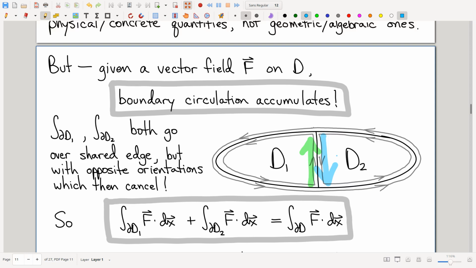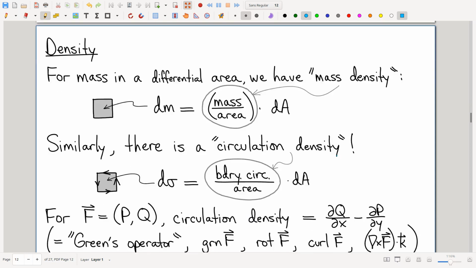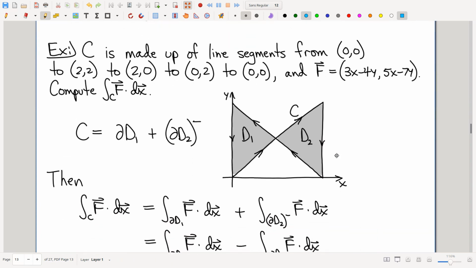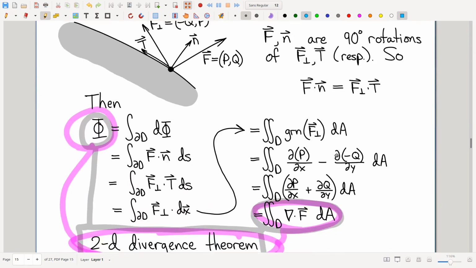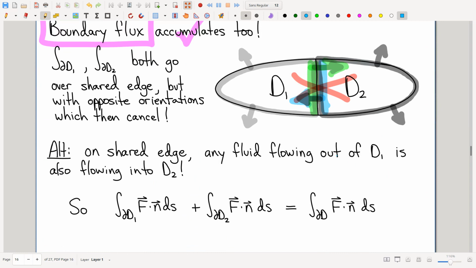So, yeah, it's geometrically different, right? But nevertheless, it's orientations that give rise to this oppositeness on shared edges, and that's what makes it all work. So, geometrically different, but morally equivalent. And I'm going to get back to where I was. Yeah, here we go. Okay.